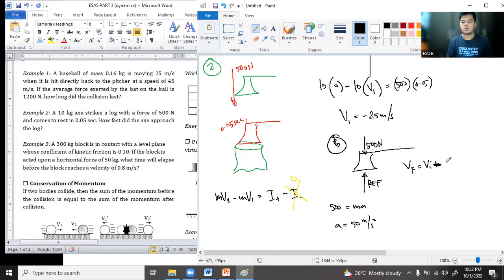the formula Vf is equal to Vi minus AT. So you have there the final velocity, 0. The initial, that would be 2.5, and then minus acceleration 50.